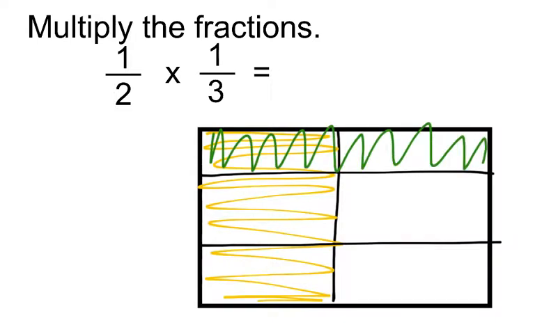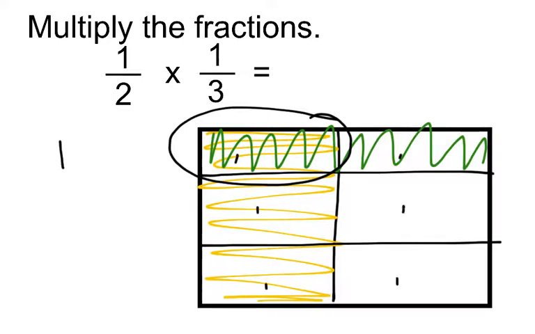And I can see that the overlap that I have is 1 out of 1, 2, 3, 4, 5, 6. So I have 1/6. So that's multiplying a fraction with a model.